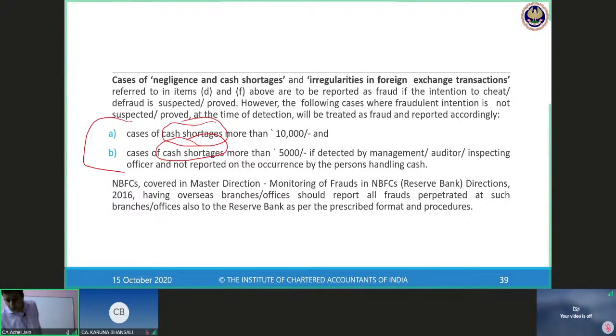So we are now talking about specified types of NBFCs which are covered under these directions and which have overseas branches or offices. So they are required to report all the frauds which would occur or which have been perpetrated at such branch or office. And where will those be reported? Those will be reported to the Reserve Bank.